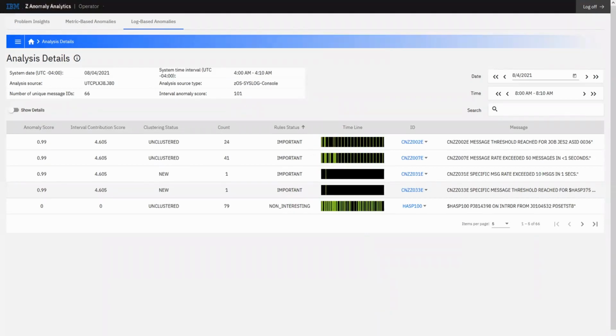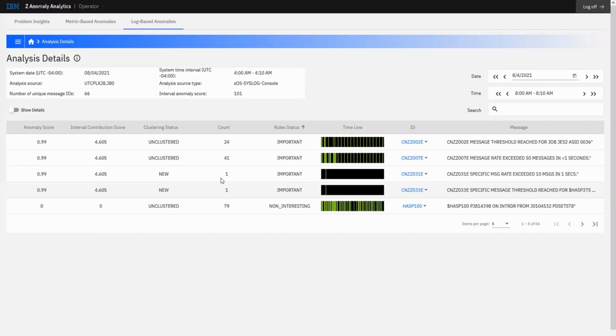And there are different messages for message rates and thresholds that happened for specific jobs in that time period. So something must have been going on within that job that caused those message anomalies. That is something we can easily detect and visualize, again, by looking at these logs in an unattended fashion.